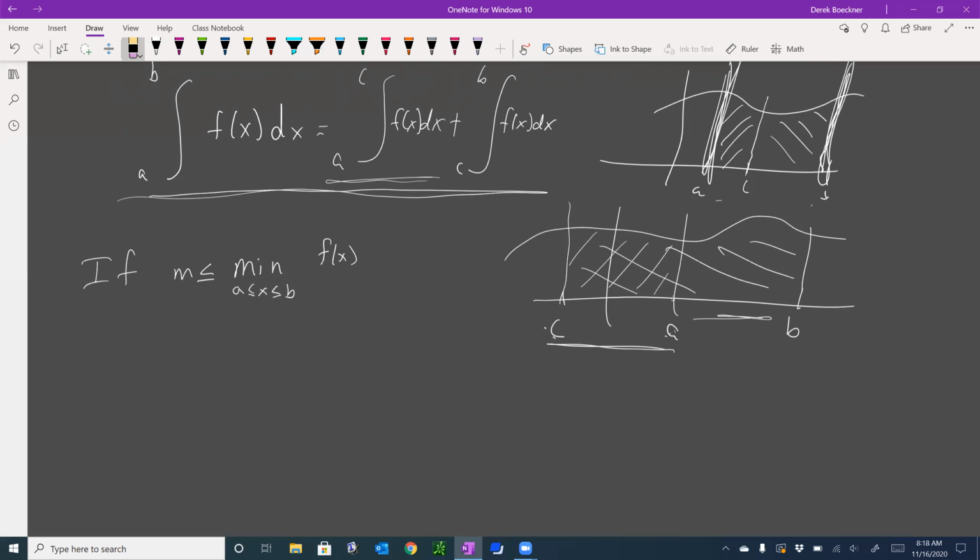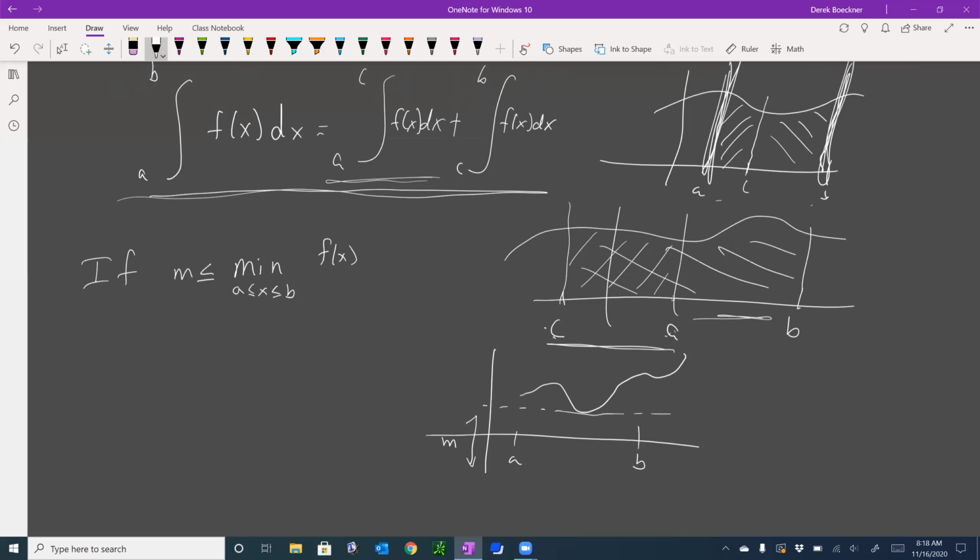What does that statement say? Well, m is a smaller value than the smallest value of the outputs of f over the entire interval from a to b. So it's smaller than anything that f of x can be in the interval. So here's a, here's b. There's the minimum. m is anything that's down here.